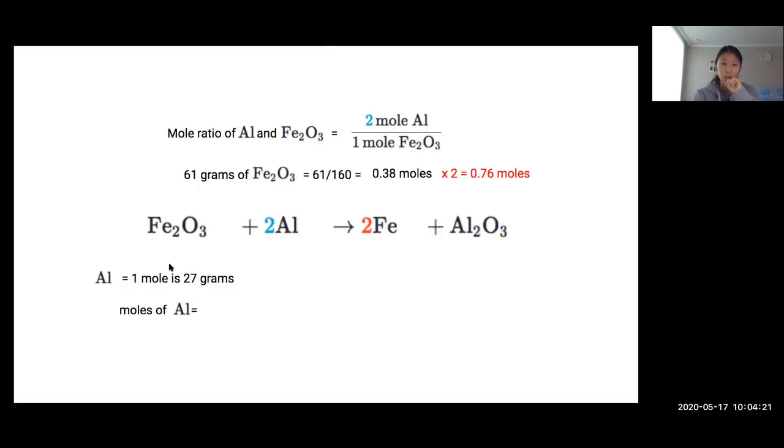Then we multiply 0.76 moles of aluminum by 27 grams of aluminum per mole, which gives us 20.52 grams of aluminum needed for this reaction to occur if we had 61 grams of Fe2O3.